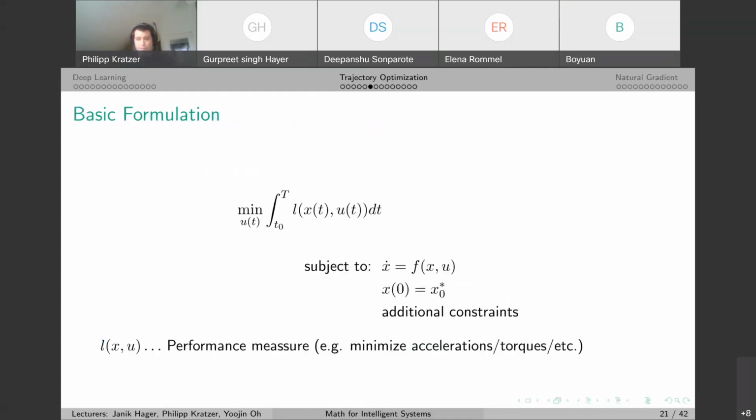Let's jump into the basic formulation. We want to minimize over our controls u. So the decision variable is our controls u. We want to minimize our performance measure L over a given time frame, capital T, which is the time horizon.